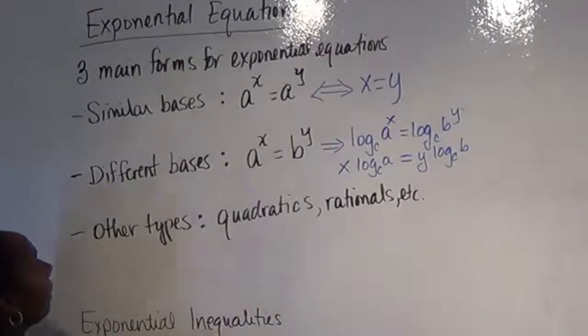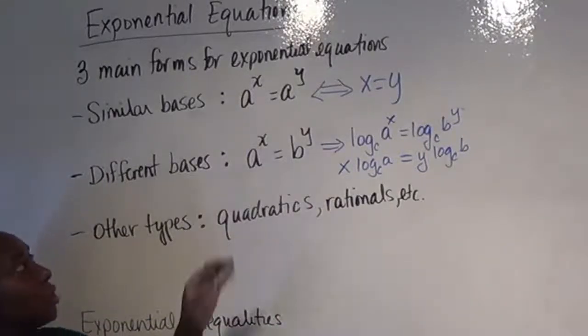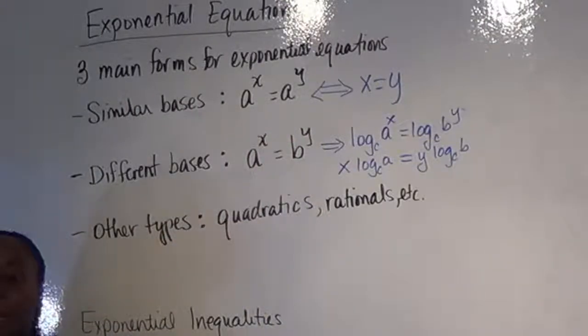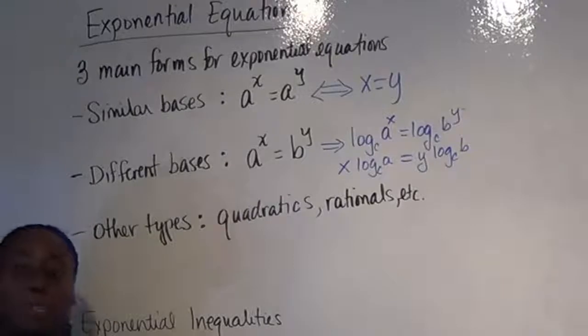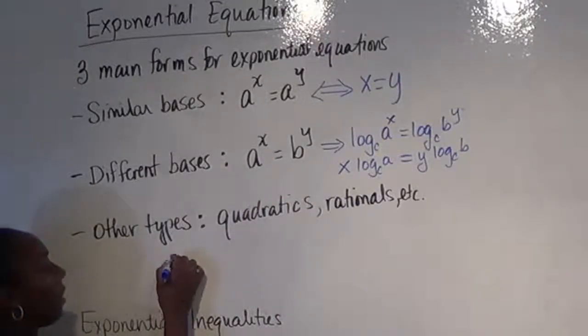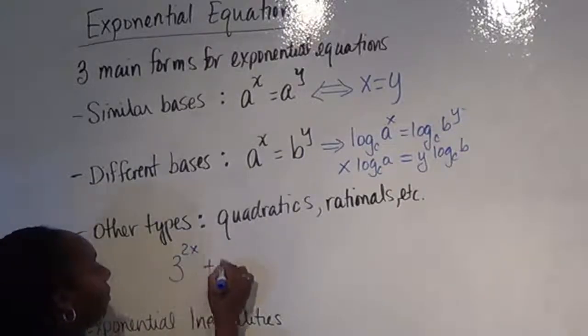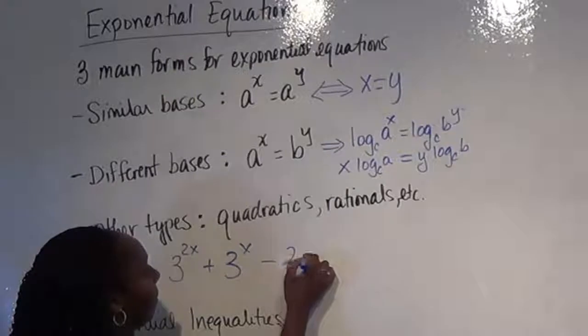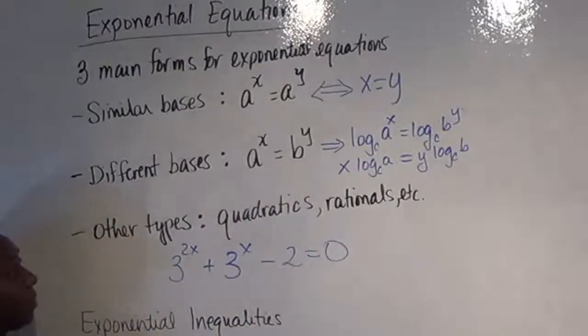Okay. Other types are our quadratics, rationals, etc. And what this means is I'm not just looking at two expressions that are equal to each other. I'm now going back to actual equations of those types of forms. So for example, I could have something that looks like this. This is an exponential equation.